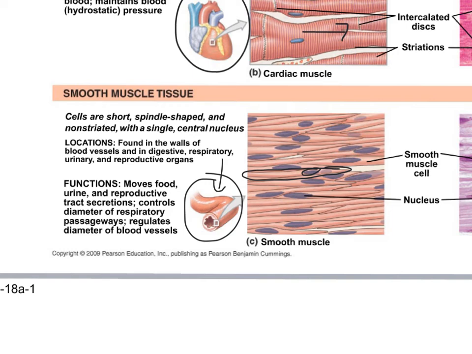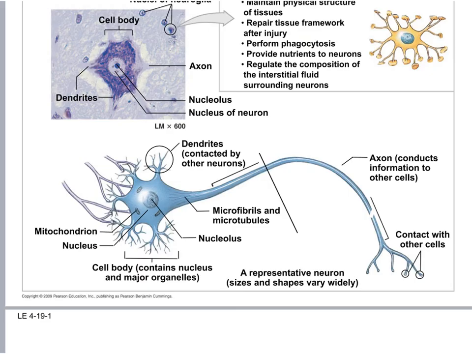Then, that's all the muscles, so you have to identify those. The last one is going to be pretty easy. This one is just neural tissue. This is neural tissue. And you'll see this picture on your lab exam.